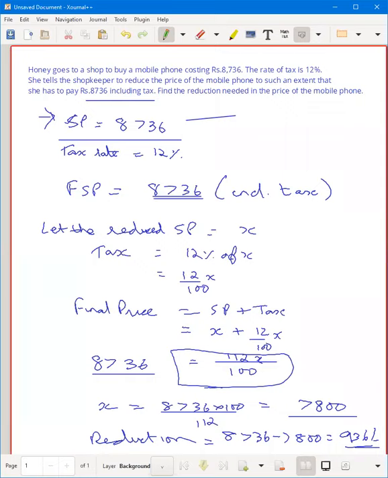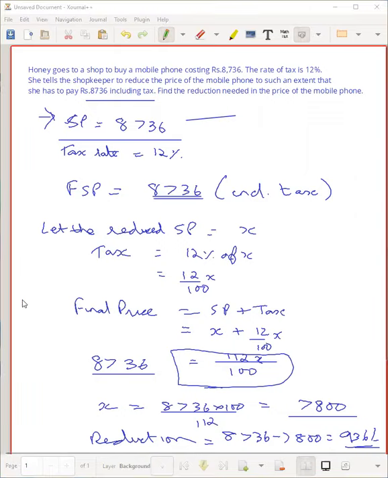Then the final price will be selling price plus tax, that is X plus 12X upon 100. Did you understand how we got all this so far? Yes. Okay, continue further.